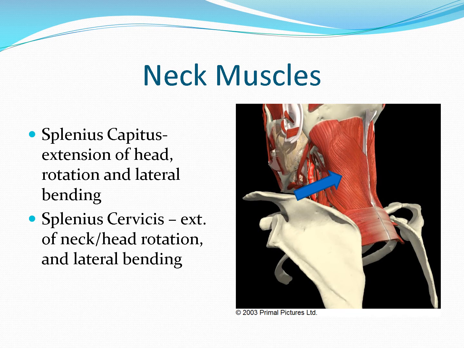The splenius capitis and the splenius cervicis are two sets of muscles that are important for head and neck extension. Specifically, extension of the head is the splenius capitis because it does attach directly to the skull, and then unilaterally it's responsible for rotation and bending.